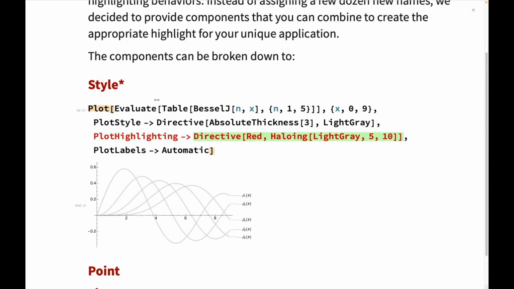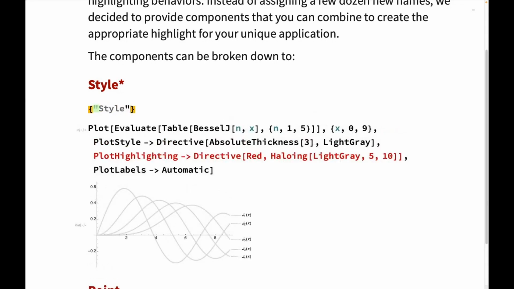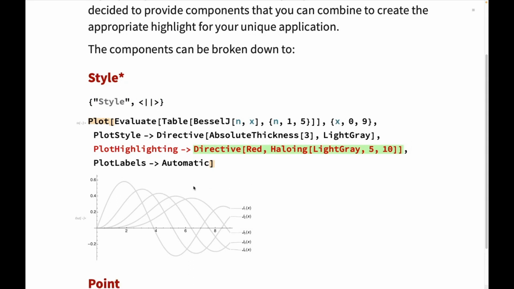Unlike the others, where you have a style string and some option values, here you just directly put some style, and then this curve will automatically have the style that you specified.